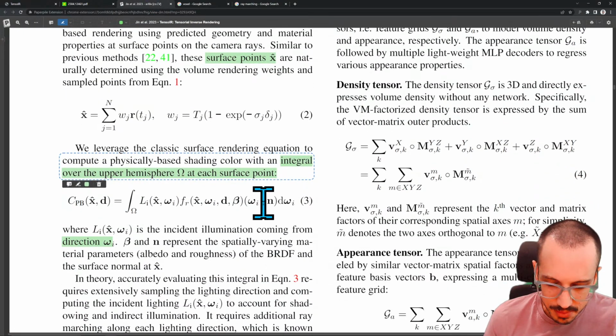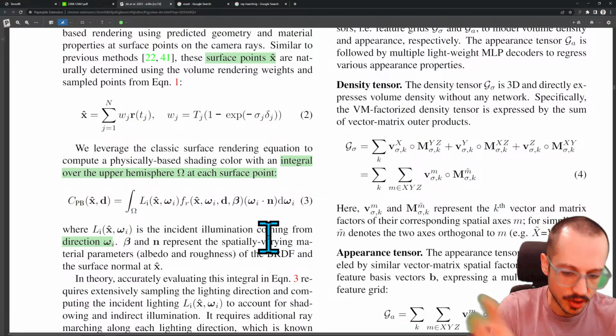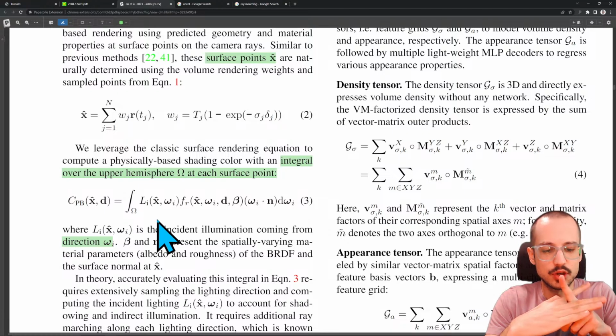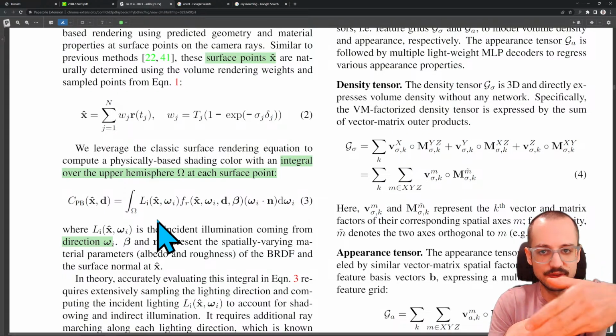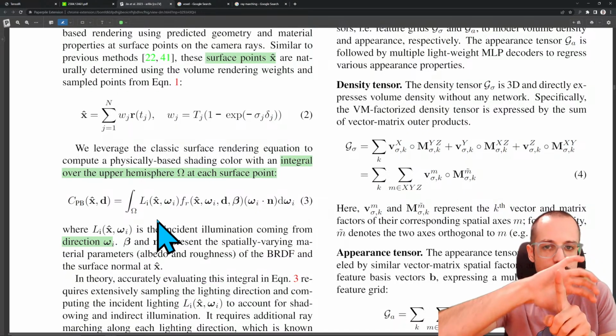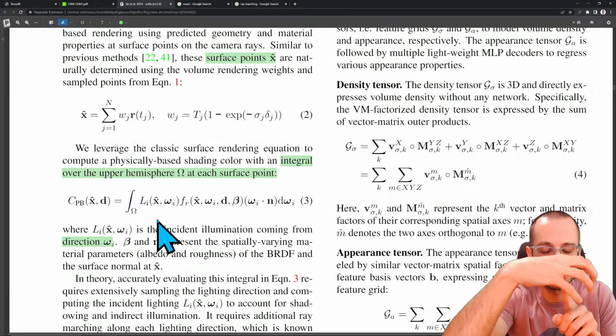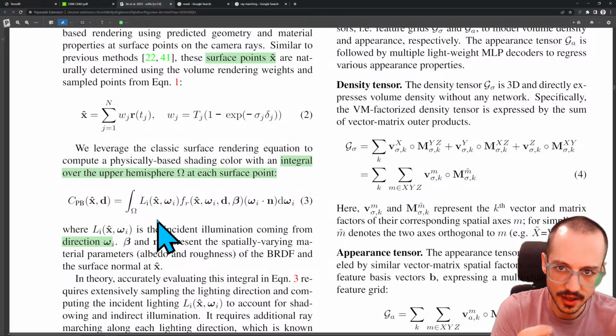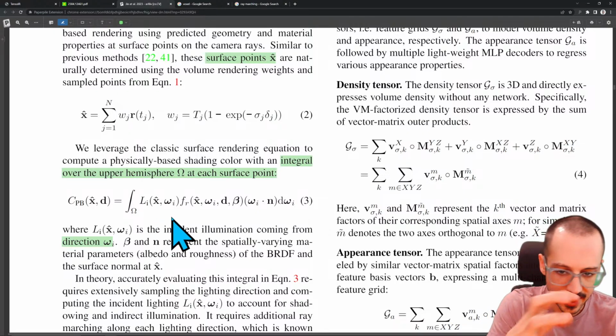Whenever you're doing physically based rendering, you're actually calculating all the light bounces, right? So you have some surface point, and then you have a normal vector, and that normal vector defines basically a hemisphere over that point. So if you know the normal vector is like this, you can draw a little hemisphere around that normal vector and say, I'm going to integrate over that entire hemisphere.